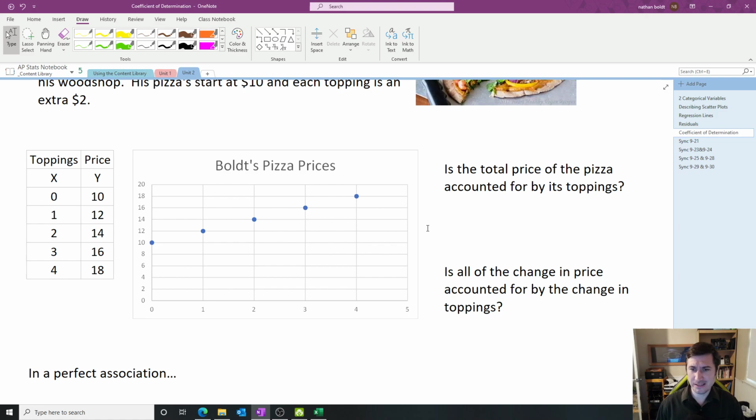And hopefully there you can see the answer is no. The whole price of the pizza does not just come from its toppings. The whole price of the pizza starts at $10 right here, even with 0 toppings. So $10 is sort of our starting point. Then we add the $2 per topping here.